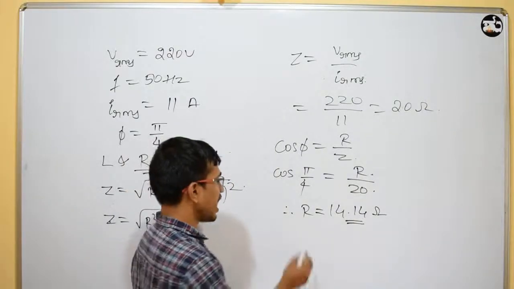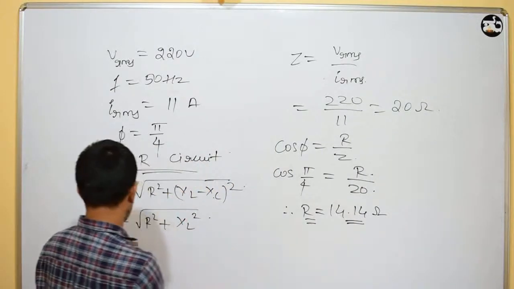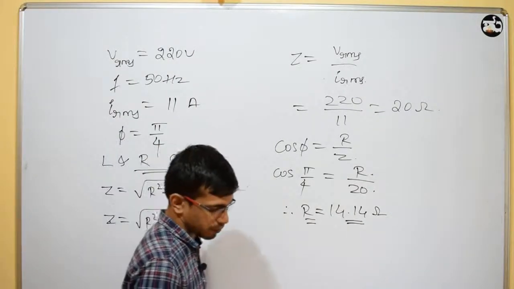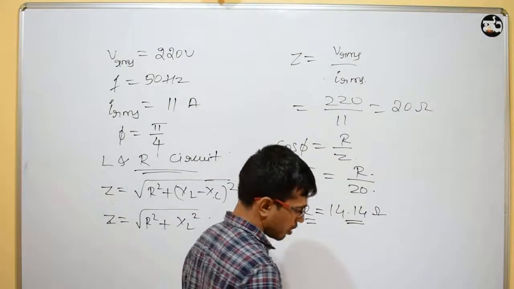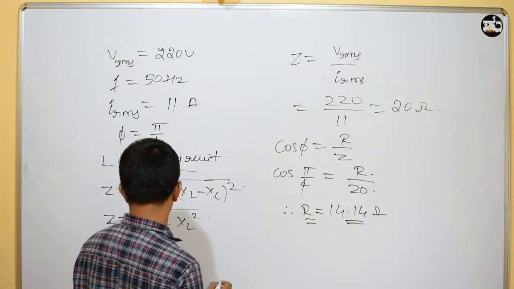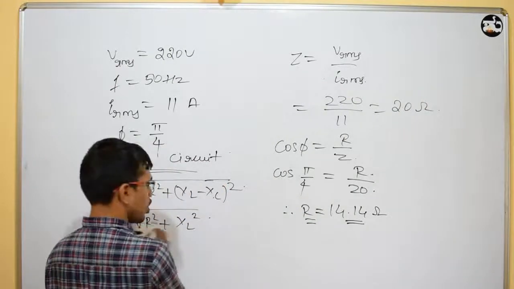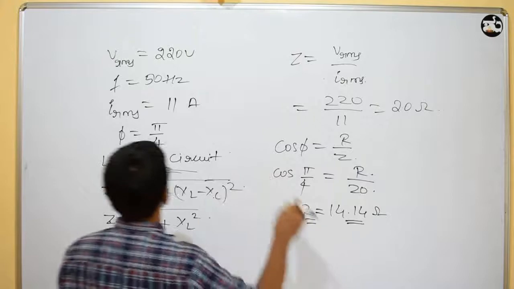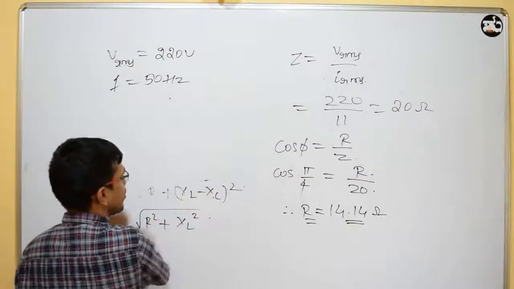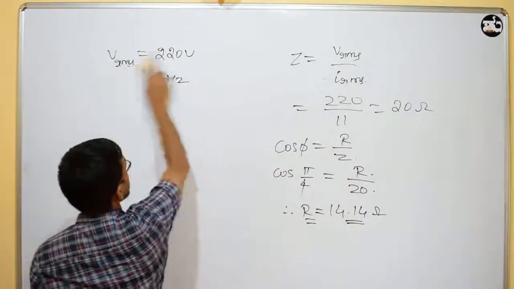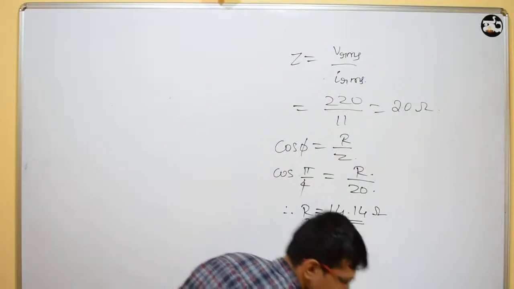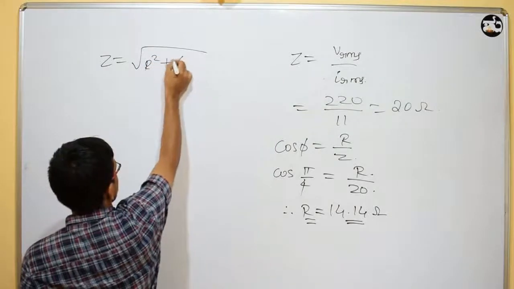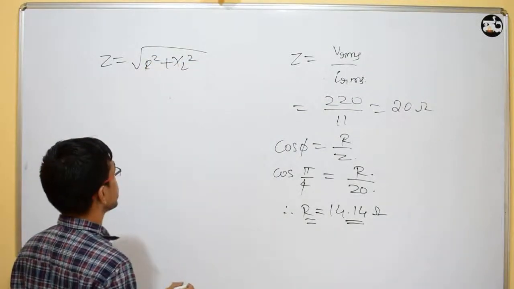Once I get the R value, it is very easy to calculate the value of L now. We know that Z is equal to square root of R square plus XL square. Let me square on both sides.